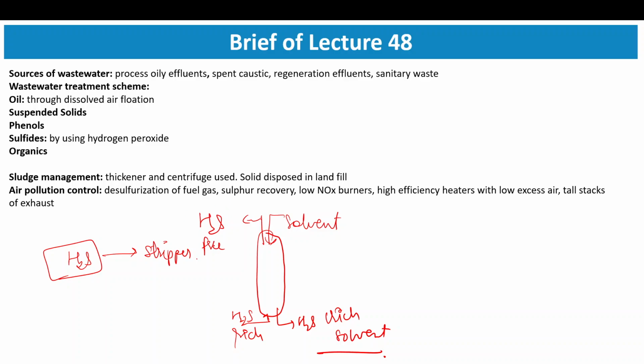So you want to remove H2S, so a solvent may be used, water may be used to dissolve H2S. So there are high chances of having water with high sulfur content.